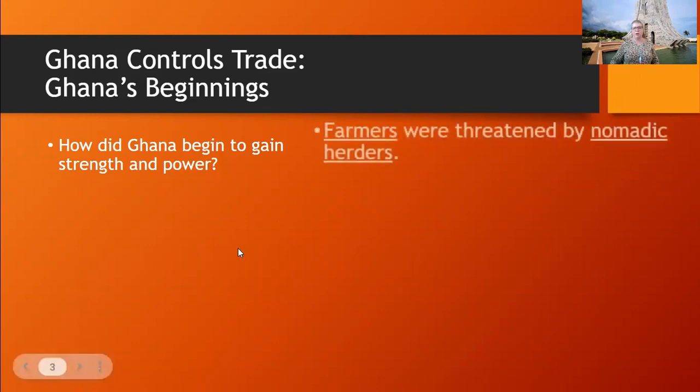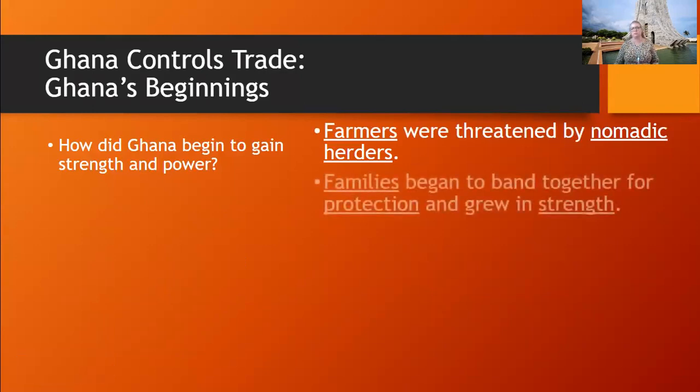So what ends up happening is that nomadic herders, remember a nomad is somebody that travels from place to place, threatened farmers, and herders are just that. They literally are herding animals across the grasslands. And obviously, if animals are grazing in your farms, it's going to destroy your farms.